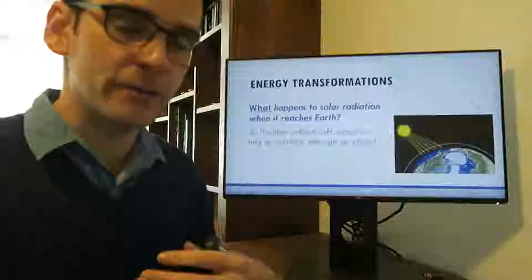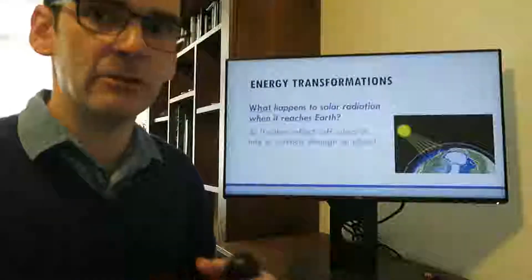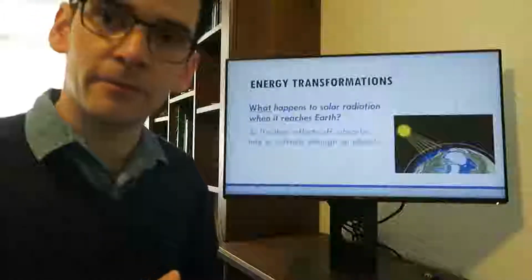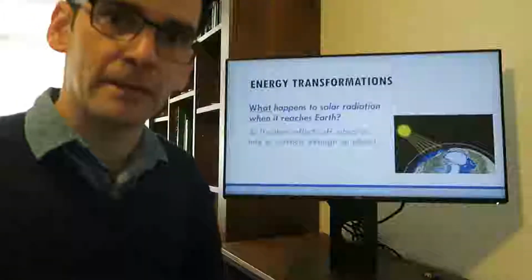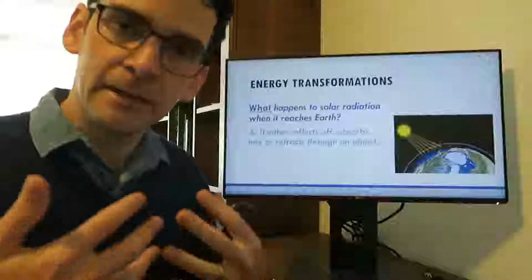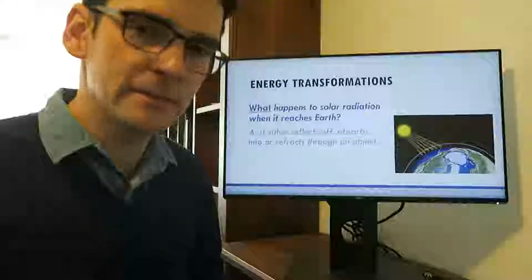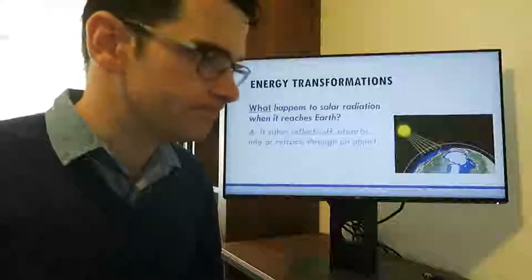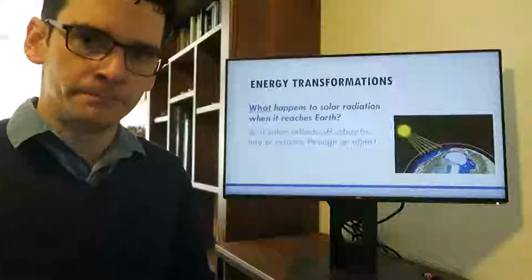Therefore, the light reaching the Earth would be different. It wouldn't necessarily be in the visible light spectrum or the infrared. It could be a completely different part of that electromagnetic spectrum. But it just so happens that on Earth, where we find ourselves, those are the frequencies which are being emitted by our sun.